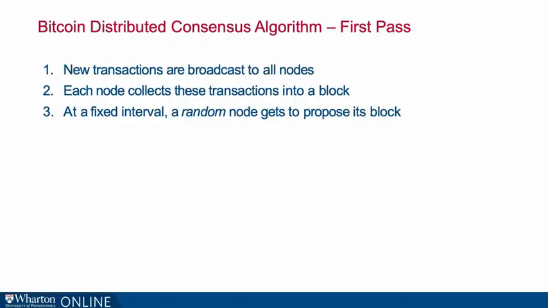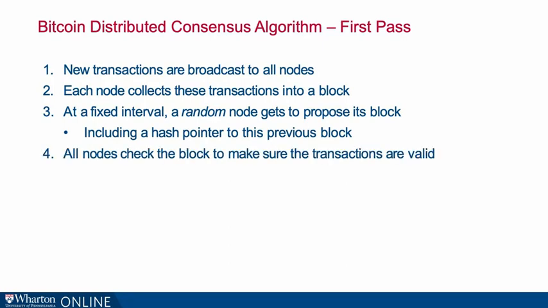Now, what does proposing a block mean, actually? Well, it means, as I said in step 2, collecting the transactions into a block. But it also means something else. It also means including a hash pointer to the previous block. Then finally, all nodes check the block to make sure the transactions are valid. So now this algorithm is going to repeat itself again and again.